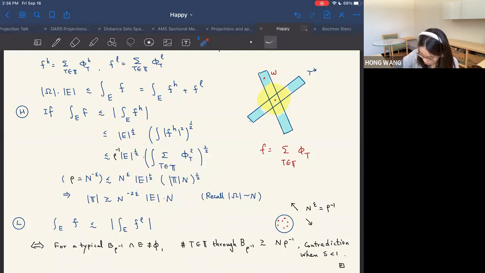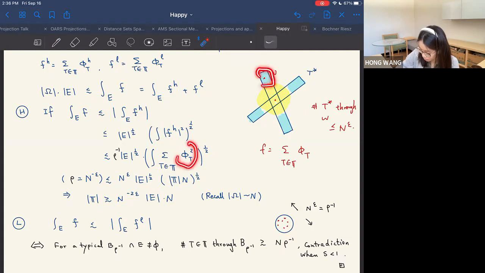And now since the number of T star through omega is bounded by n to the epsilon, we can bound the L2 norm of the high frequency part by the sum over phi t square.